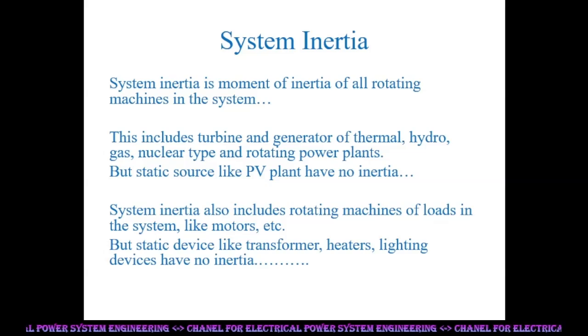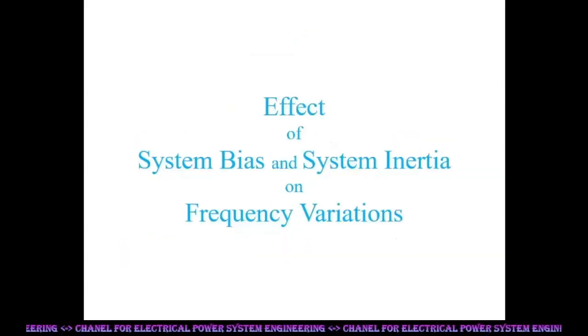It also includes rotating machines of loads in the system like motors, etc. But static devices like transformers, heaters, lighting devices, etc. have no inertia. Now let us observe the effect of unbalanced power, system bias and system inertia on frequency variations.